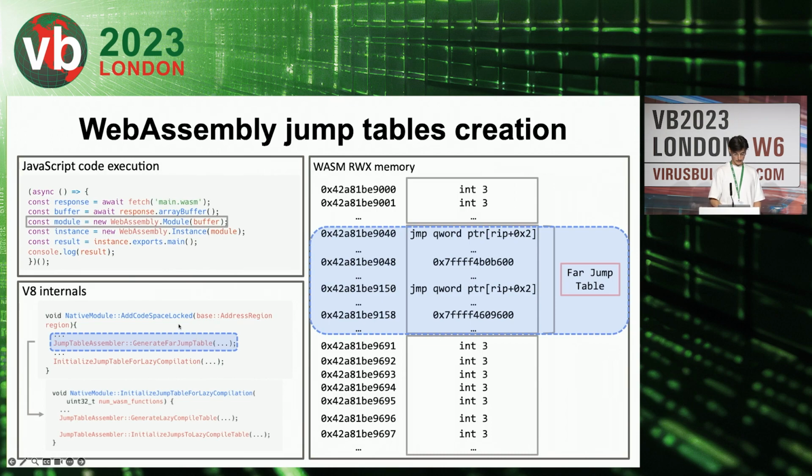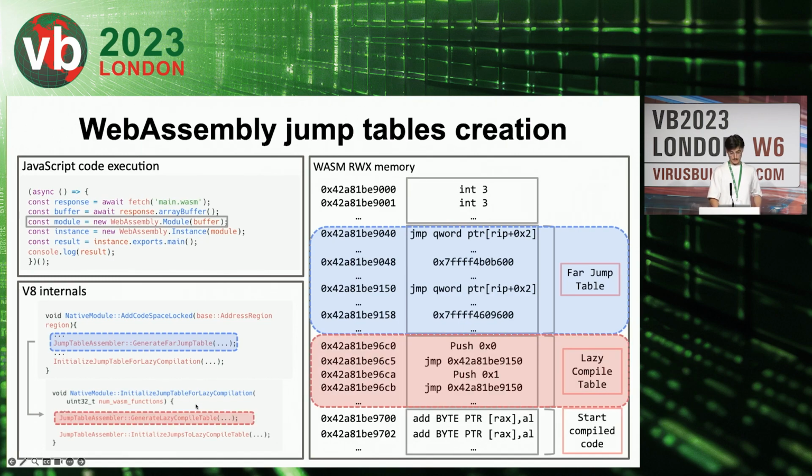Also, the function add code space locked will call the initialize jump table for lazy compilation. That will itself call generate lazy compilation. And so this lazy compile table is pretty easy to understand as a structure. It's basically some pushes. It pushes an integer here, which is the function index.